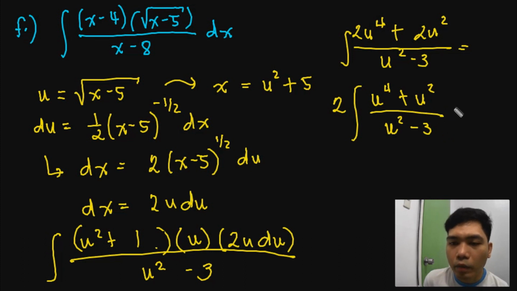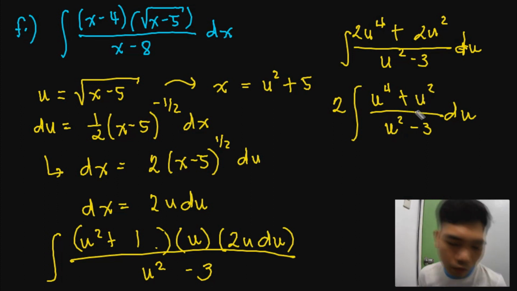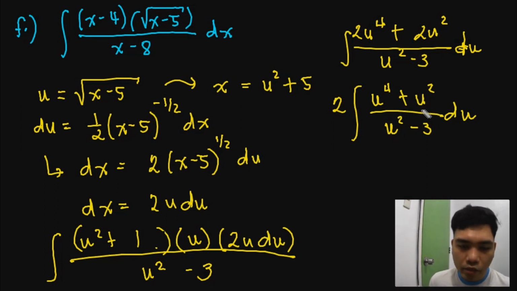Now this would have been a lot easier if this were factorable, so that we could remove some of the factors right away. But because this is not factorable and this is a rational expression, remember I told you something about the numerator having a degree greater than the denominator. So what we have to do here is perform long division.